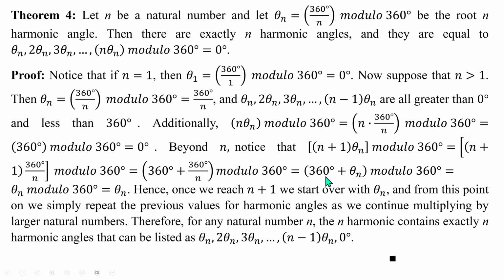Why? Well, it's because when you divide 360 degrees by 360, you get a remainder of 0, right? This term contributes nothing to the end result.